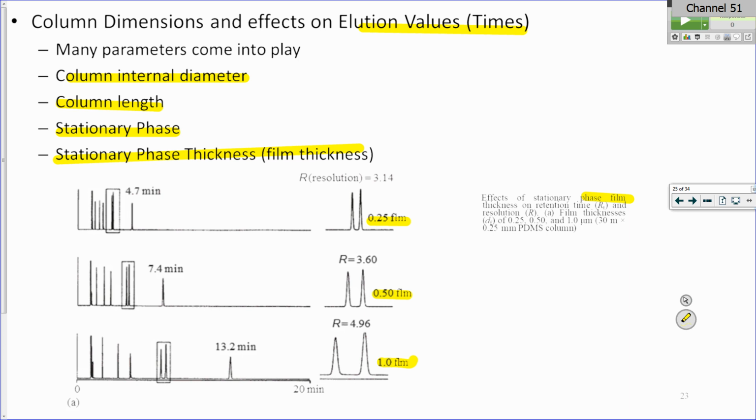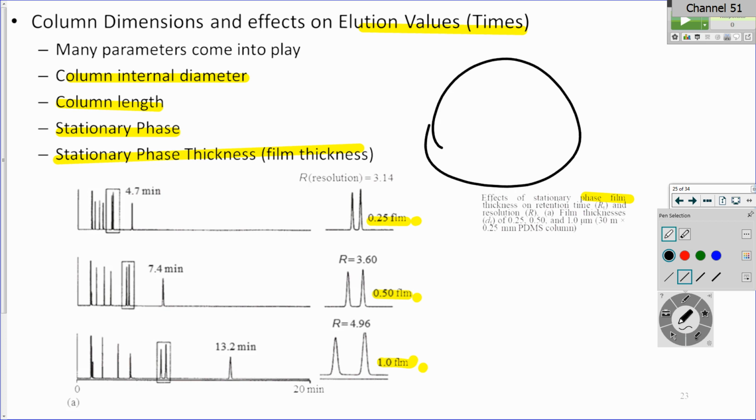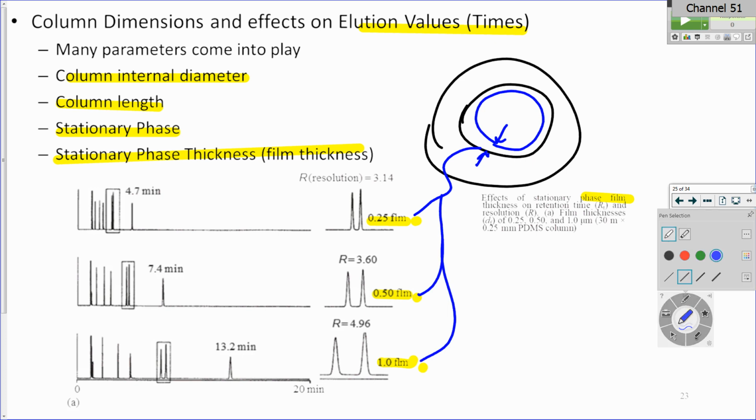So there's a 1/4 of a micron film, a 1/2 micron, and a 1 micron thickness of a film. And again, that's the thickness of this layer that's right on the surface of these columns. So you're talking about a minor component in the size of the volume of the column.